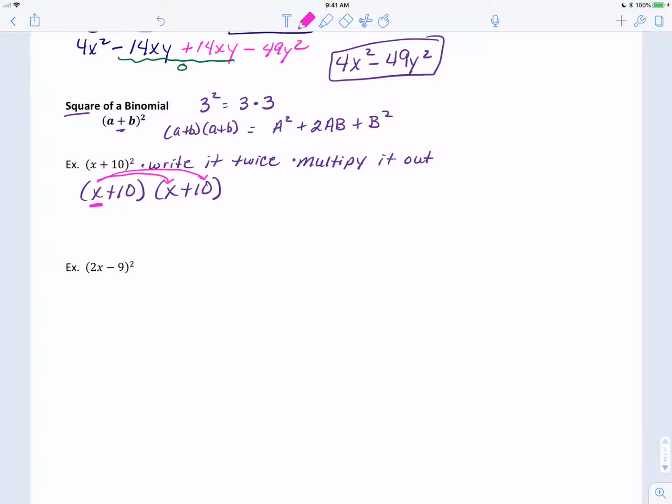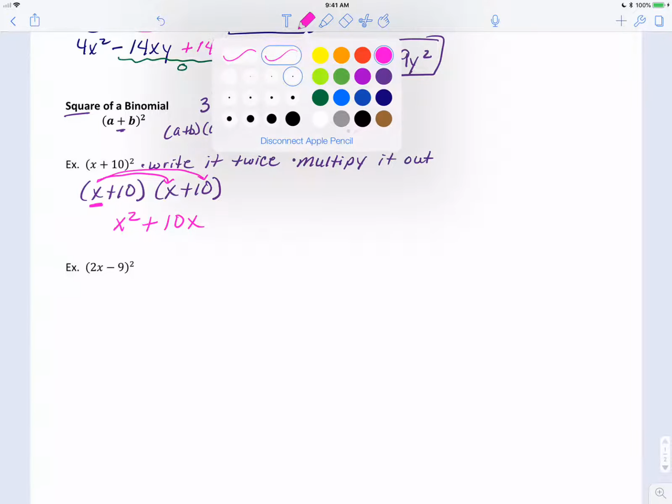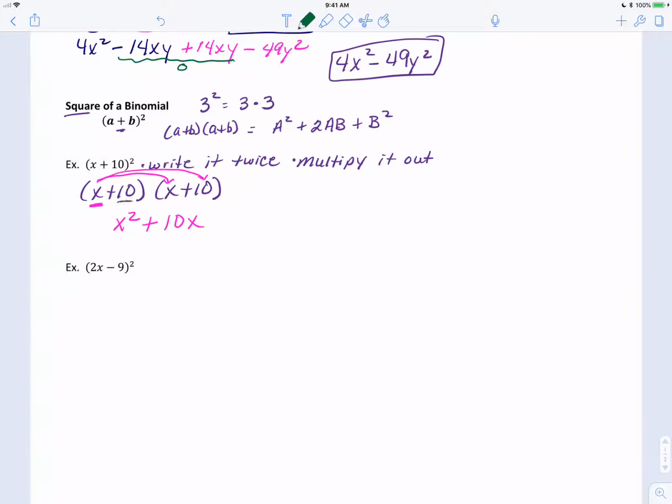So x times x is our x squared. x times the 10 is positive 10x. Second term in the first binomial, the 10. Now it gets multiplied. It's got to go touch everything in that second binomial. So 10 times x is another 10x, and 10 times the 10 is 100.